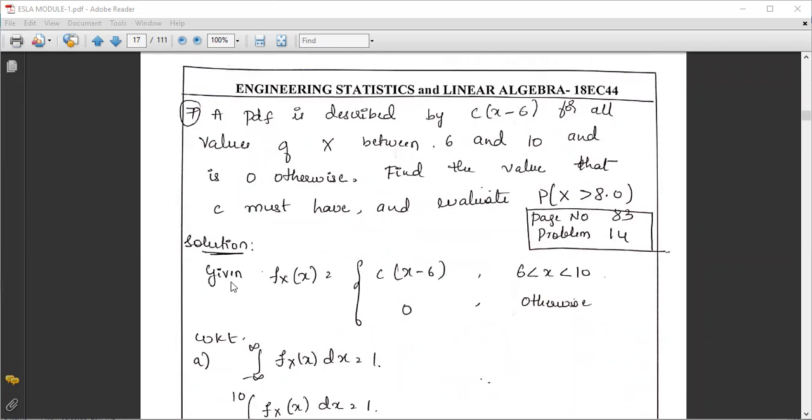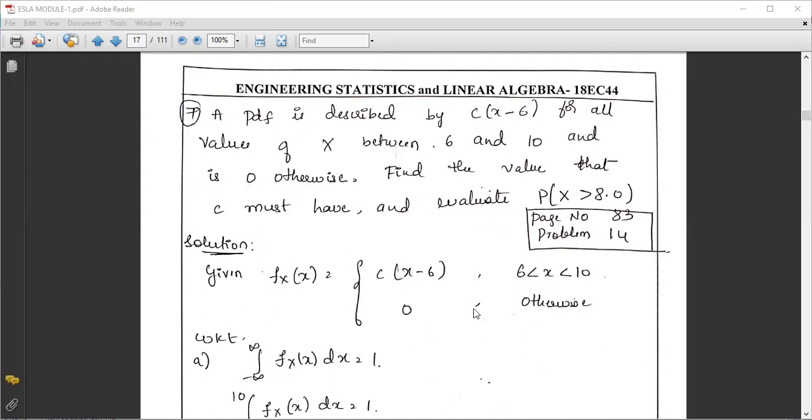The problem says, given f_X(x), the probability density function of the random variable X, the function is c into x minus 6 for 6 less than x less than 10, and 0 otherwise.